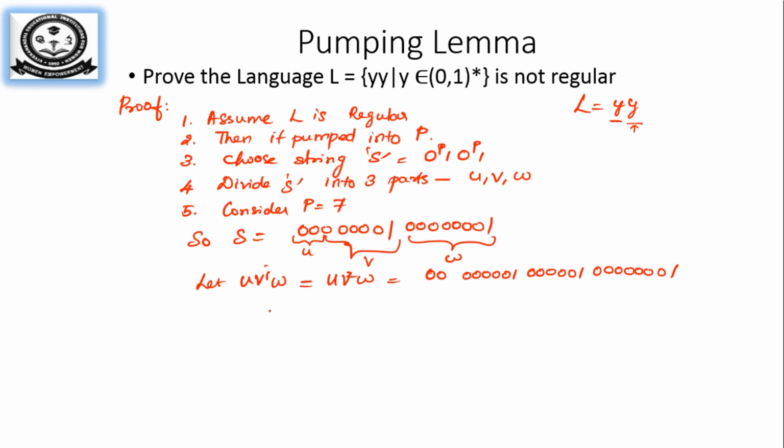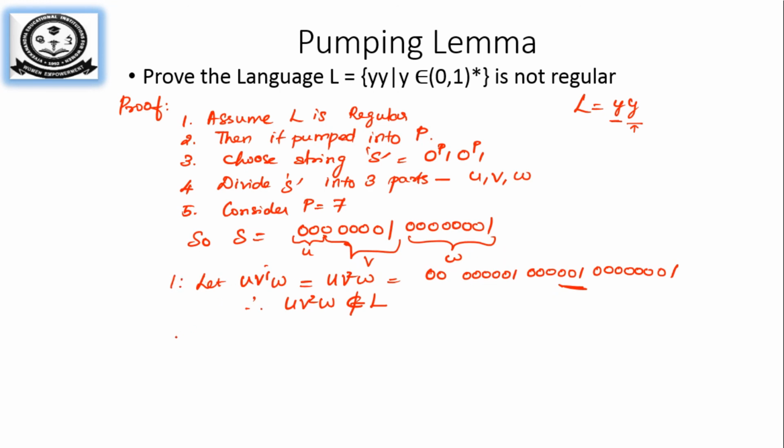Now UV squared W does not belong to our language. Why? Because the strings are not repeated. The first half of the string must be repeated as the second half. You can see 1 is in the middle, it is not in the form of YY. Hence the first condition fails.